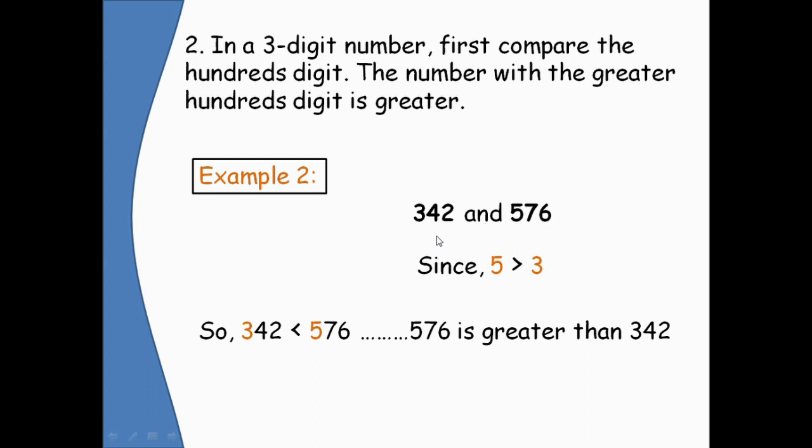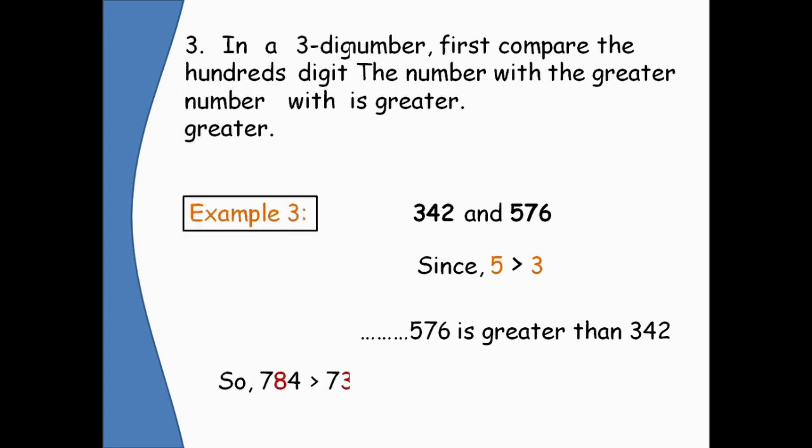So, we have to first compare the hundreds digit. Here the hundreds digit is 3 and here the hundreds digit is 5. Since 5 is bigger than 3, so the number 576 is greater than 342.